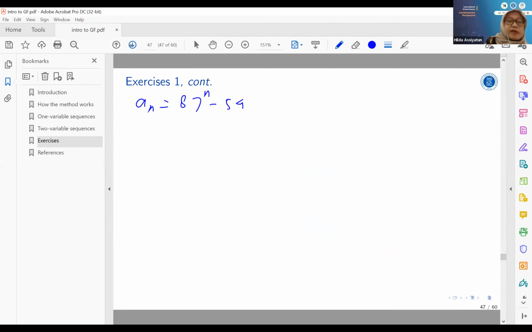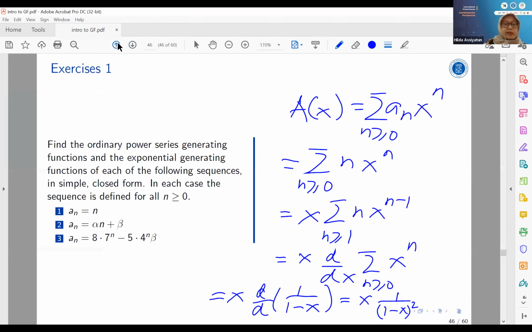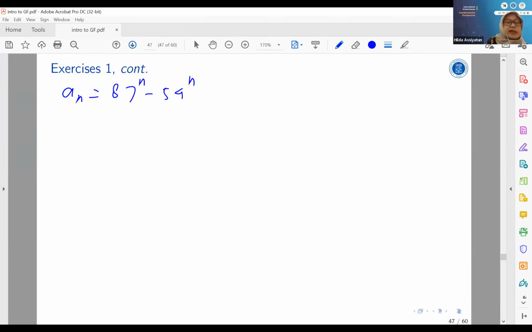Is it 4 to the n? Sorry. Oops, this is supposed to be without beta. Okay, so what is it?